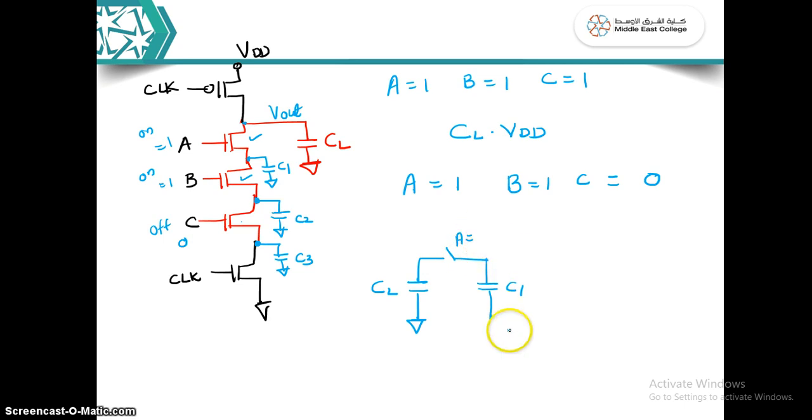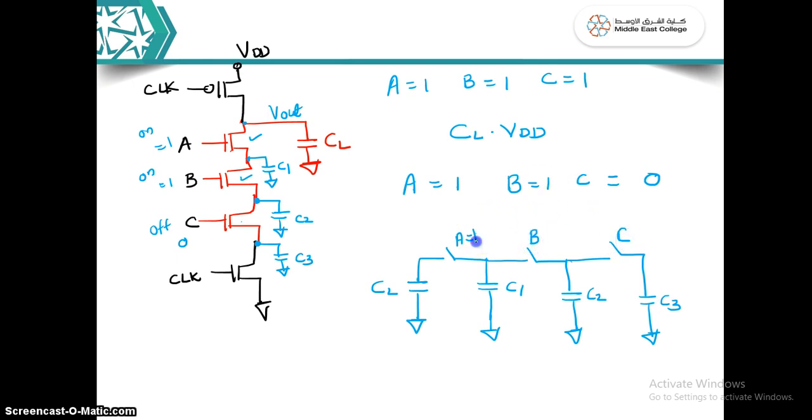C1 is connected to C2 through the transistor B, and to C3 through the transistor C.